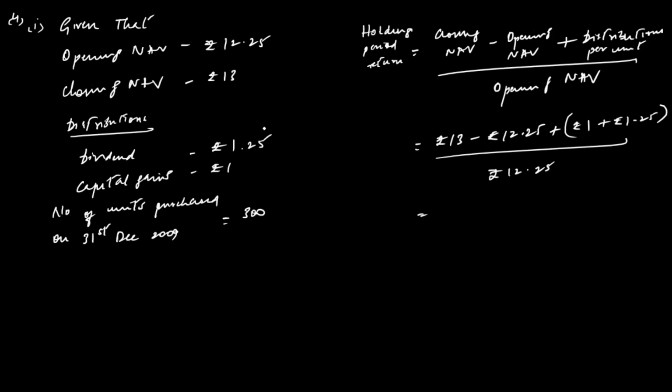So, upon calculation, we get the holding period return as 13 minus 12.25 plus 1.25 plus 1 divided by 12.25. So, we get 24.49 as the holding period return.